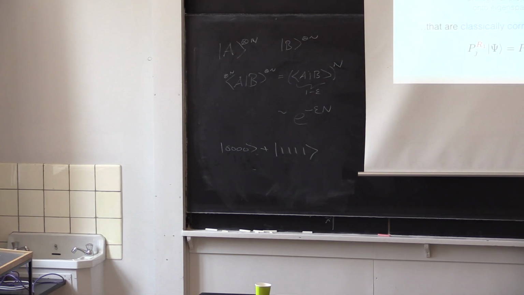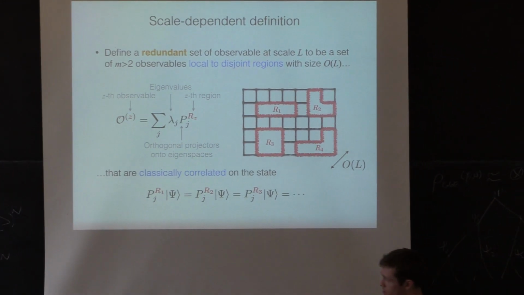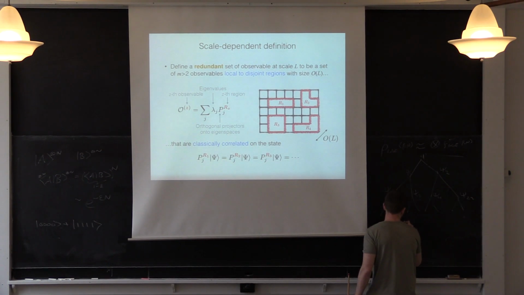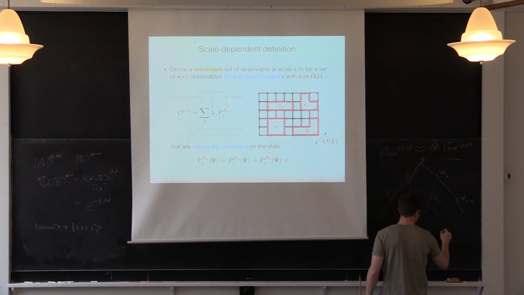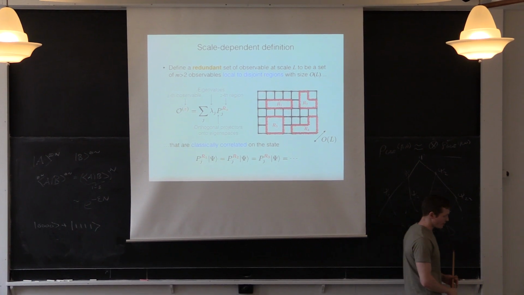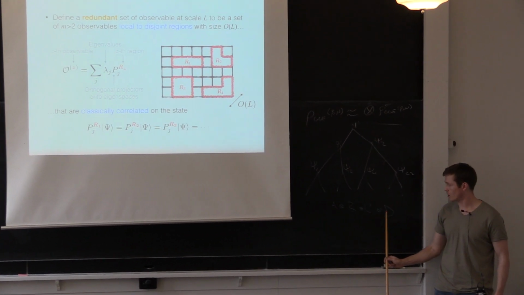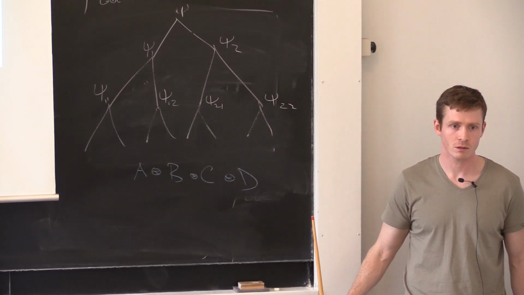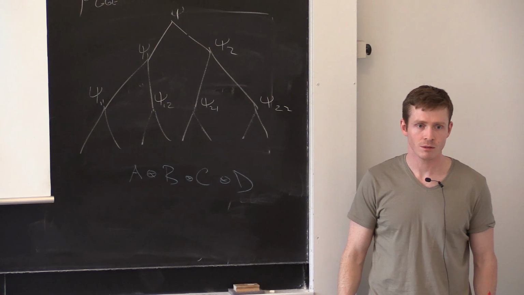So in particular, you can imagine that you have a system A tensor B tensor C tensor D, where there is maybe even macroscopic amounts of entanglement between all 4, and yet they still obey this condition.